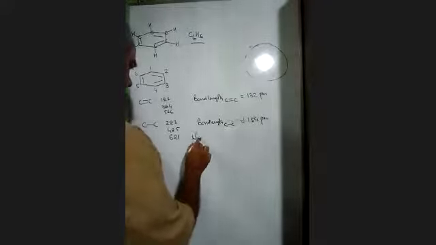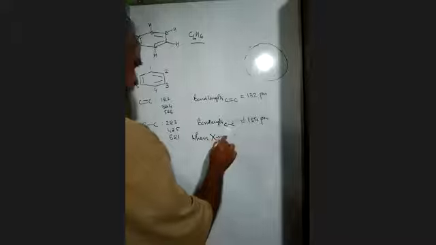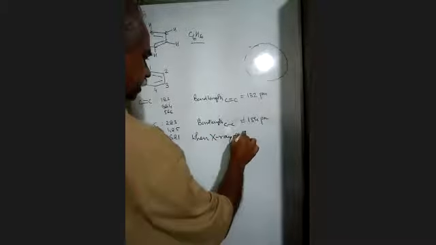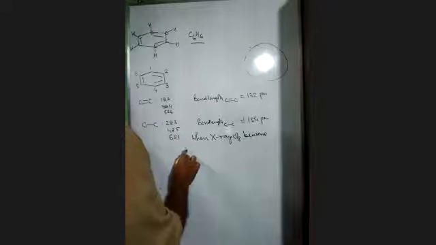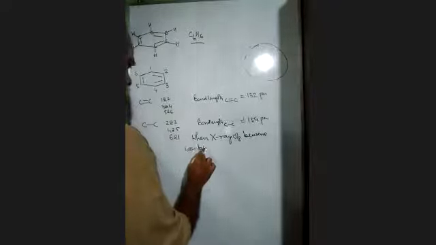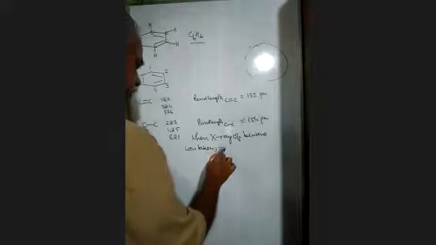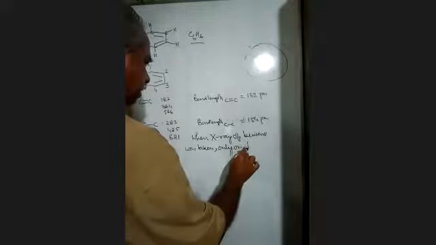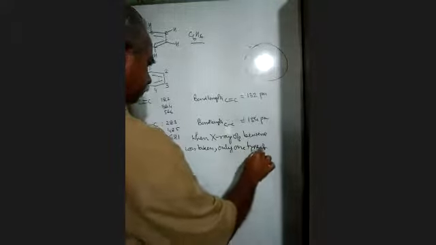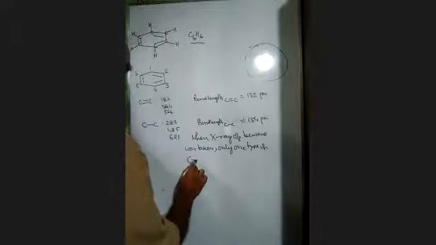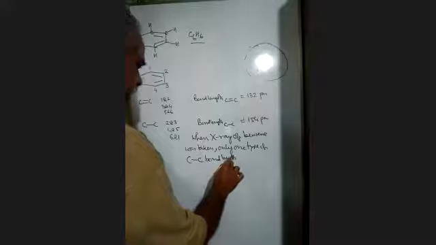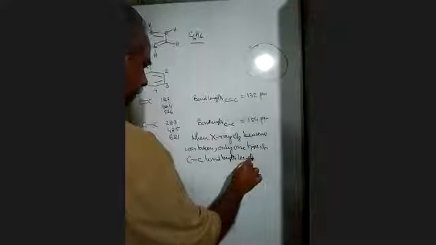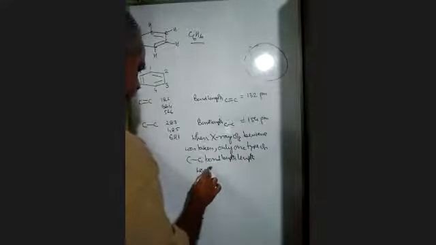So when the X-ray of benzene was taken, only one type of carbon-carbon bond length was observed.